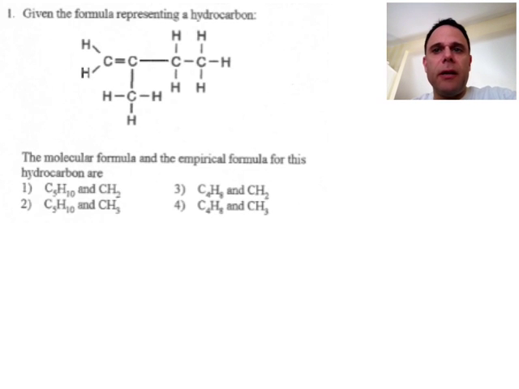So let's begin. Question 1 reads, given the formula representing a hydrocarbon. Now we haven't gone over what hydrocarbons are yet, but the name rings true. They have hydrogen and carbon. The question is, the molecular formula and the empirical formula for this hydrocarbon are.